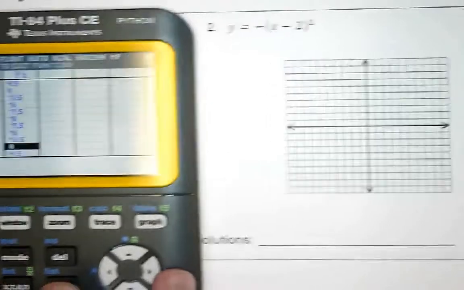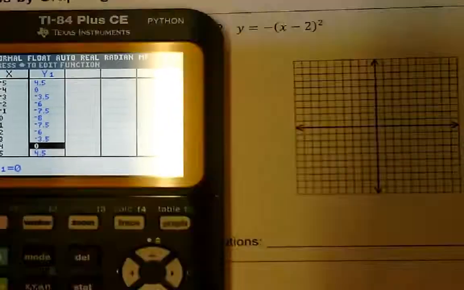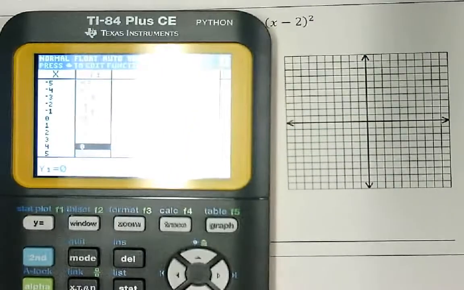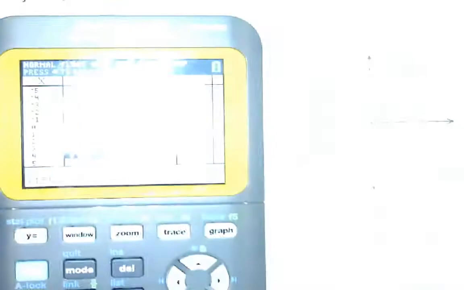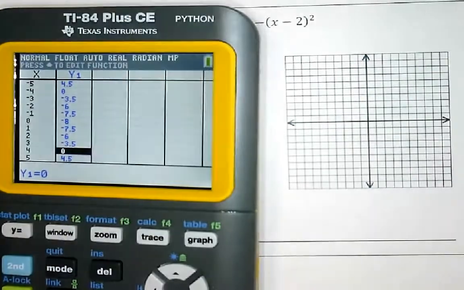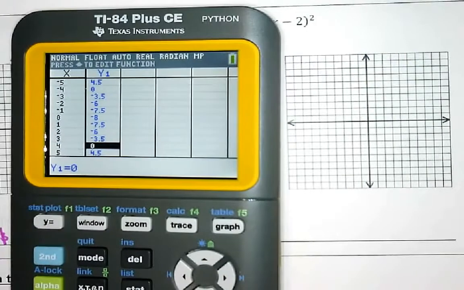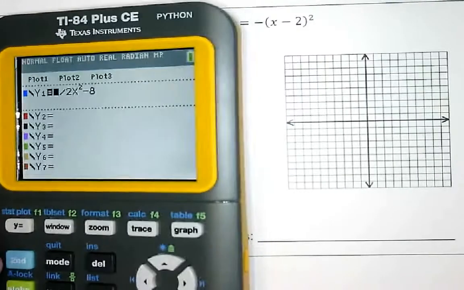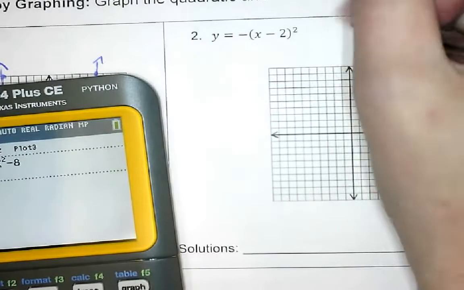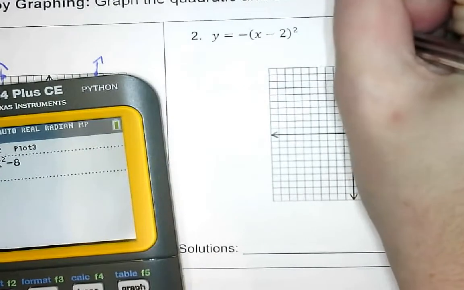Okay, I'm going to try it without this. I feel like it's harder to see. All right, so I'm going to go to my y equals. My vertex in this case would be positive 2, 0. That would be my vertex.